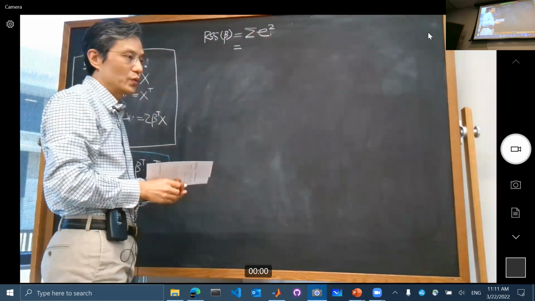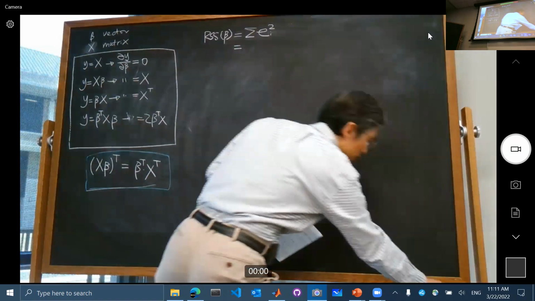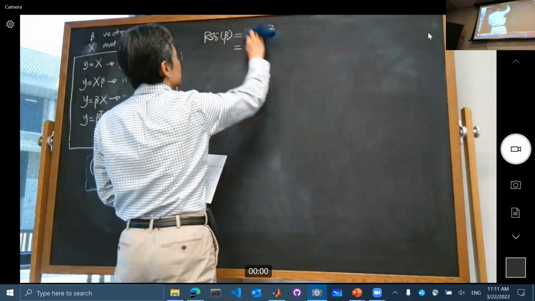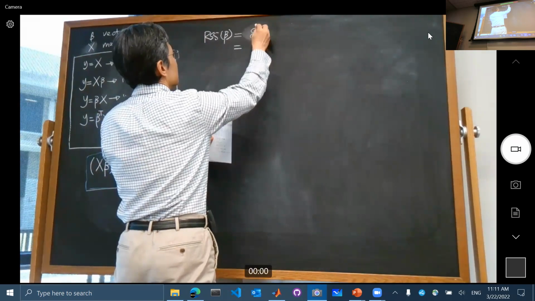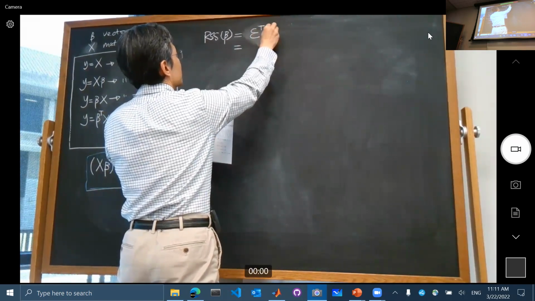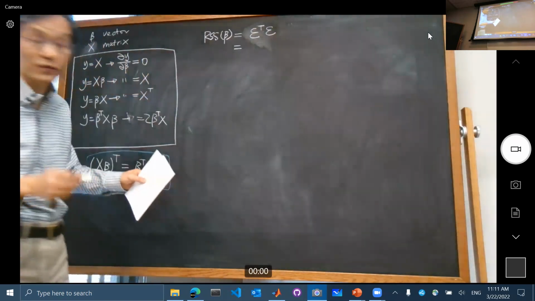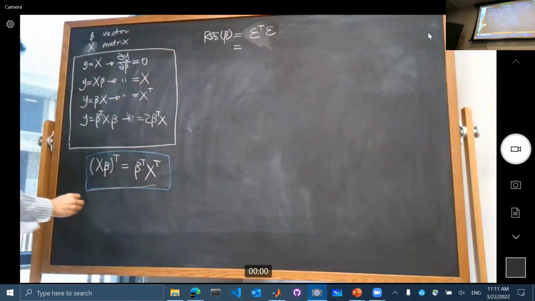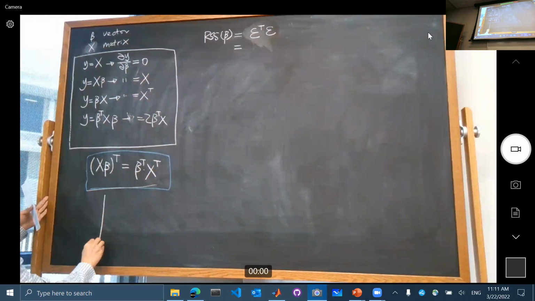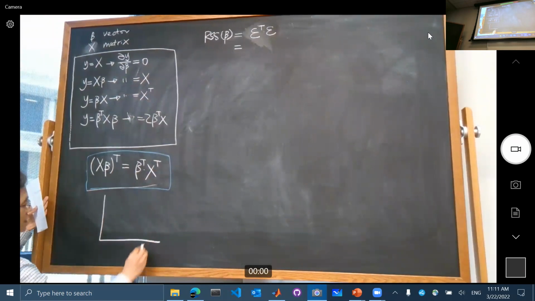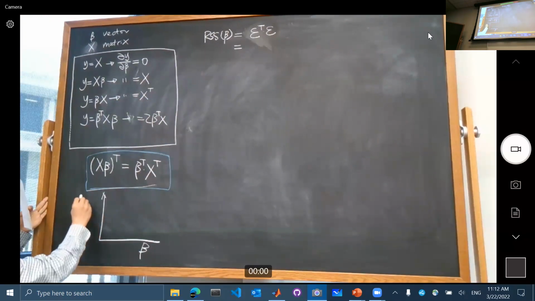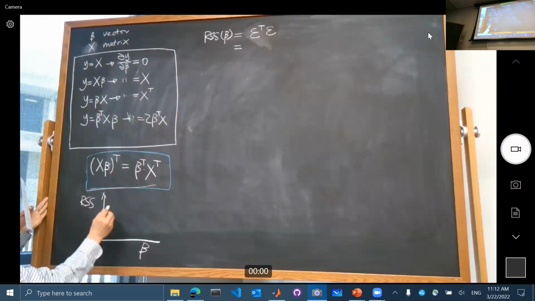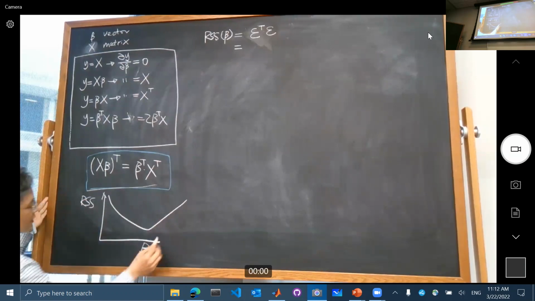If you write it in a matrix format, the error is a vector of that. Then the function of that is a function of beta. Assume we only have one beta, but it is represented this way.